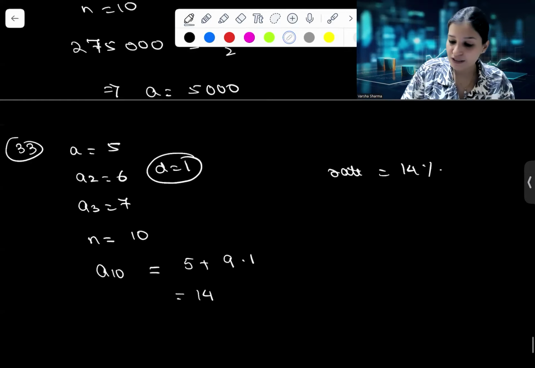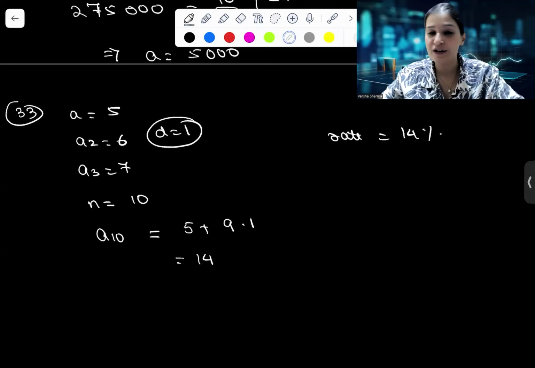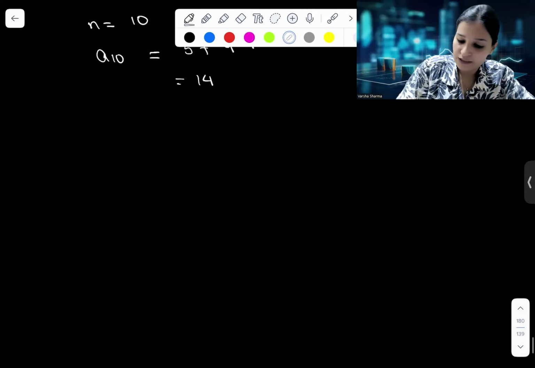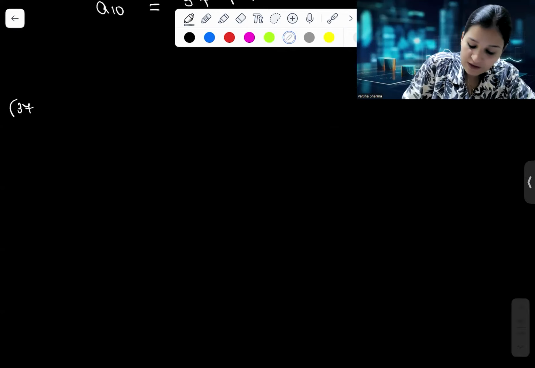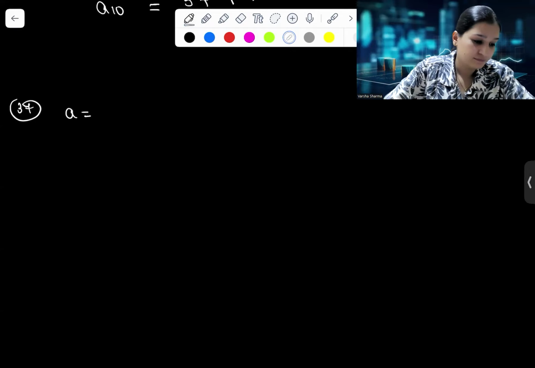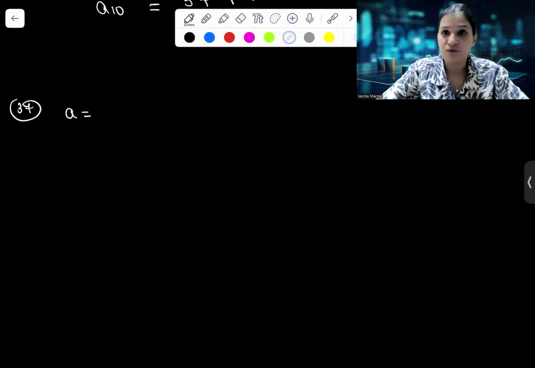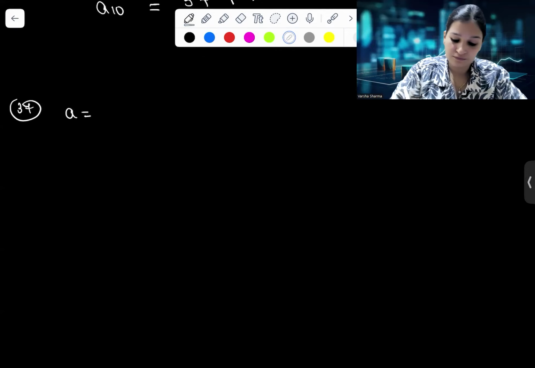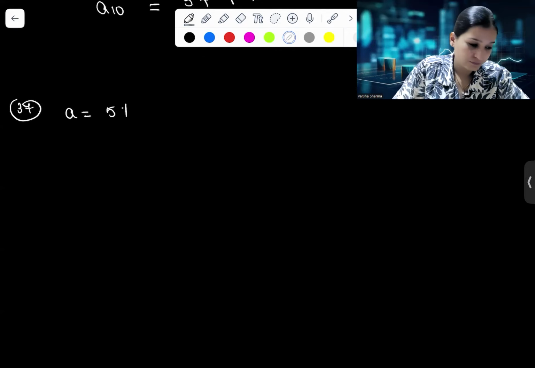So can you tell me what are we supposed to find now? Find the total interest received by NGO. Okay, sorry. Again, so what is the first year's interest? 5%. 5% of 3 lakh.